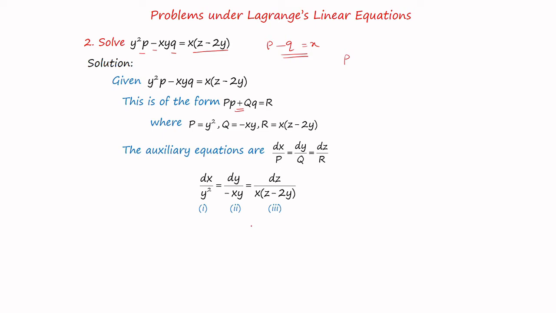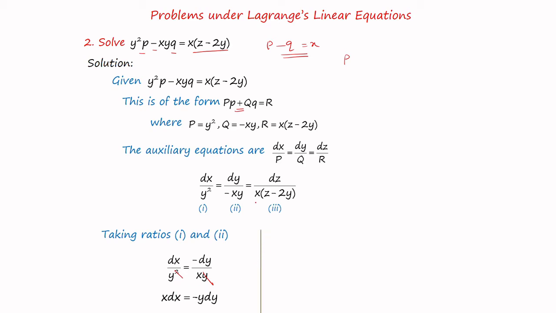That way also you can do it if possible. Okay. Now taking the ratios 1 and 2, we have dx by y squared is equal to minus dy by xy. So here when you cancel y, dx by y is equal to minus dy by x. Here x with dx and y with dy are alone present. So this is possible. Okay, so you can write this as x dx is equal to minus y dy.